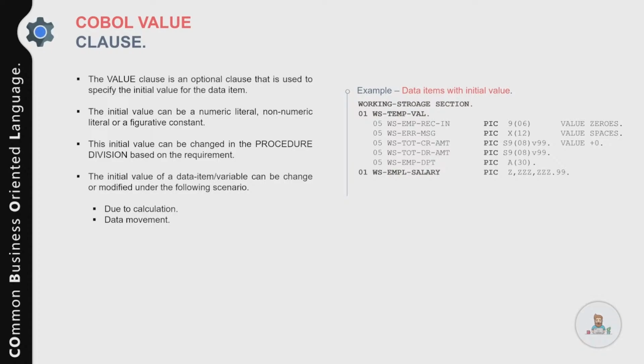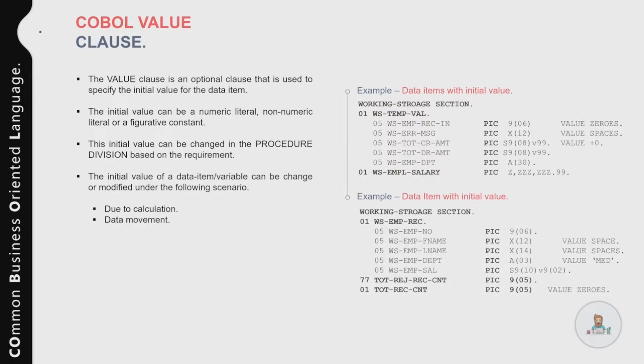After that, we have ws-error-message, and it is x of 12, and we have assigned an initial value as spaces. And similarly, we have the next variable, that is ws-total-credit-amount, and we have assigned a plus 0 as initial value, right?